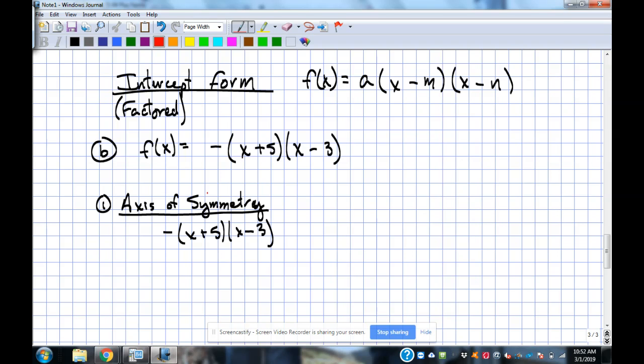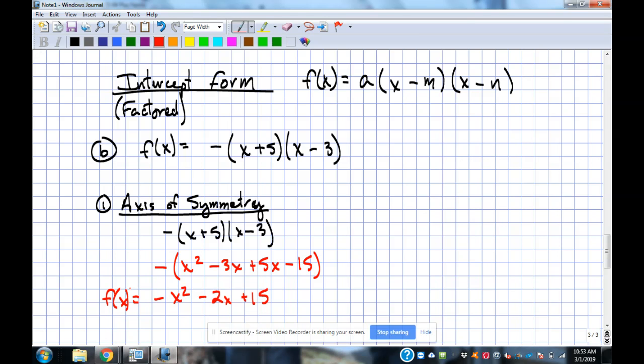If we multiply that out, x times x is x squared, x times negative 3 is negative 3x, 5 times x is 5x, 5 times -3 is -15. And then multiply that by -1 and simplify. So that's going to be -x squared minus 2x plus 15. We've taken that quadratic that was in intercept form and put it into standard form.